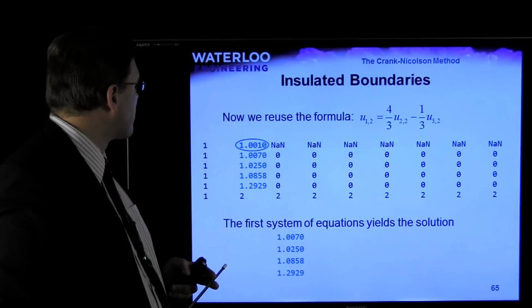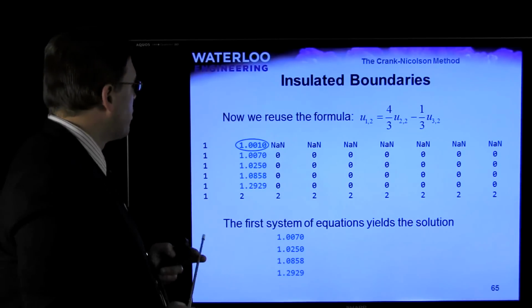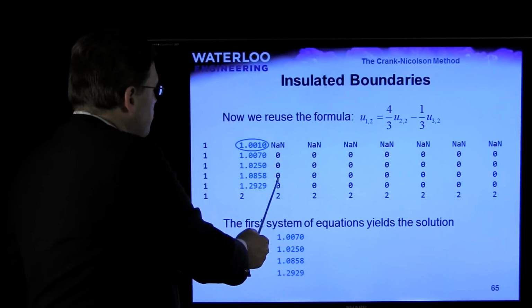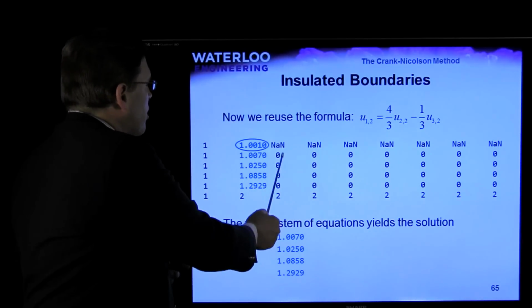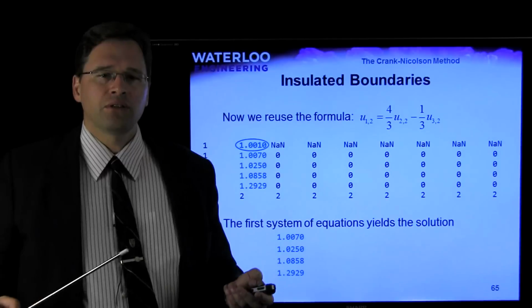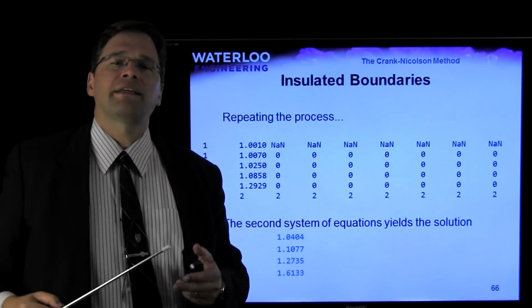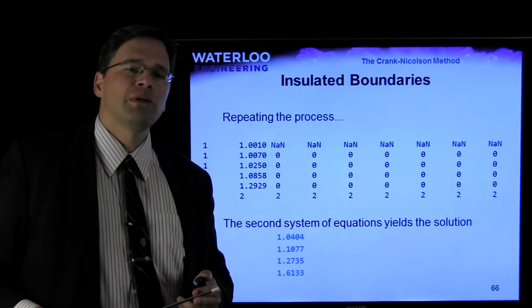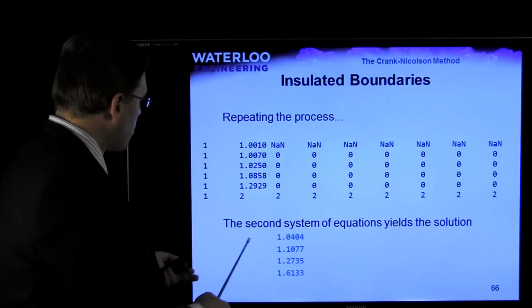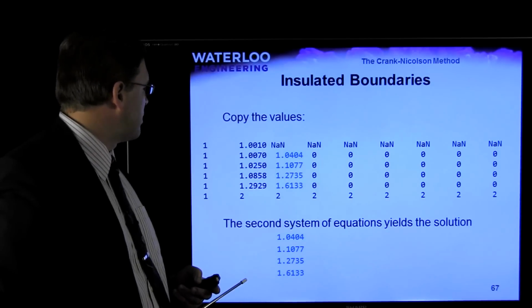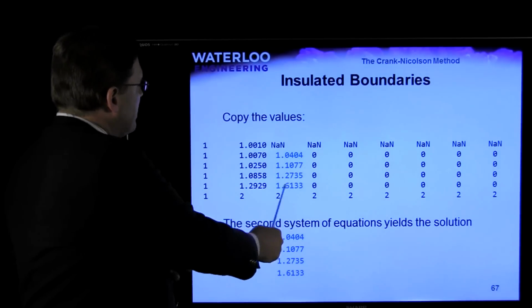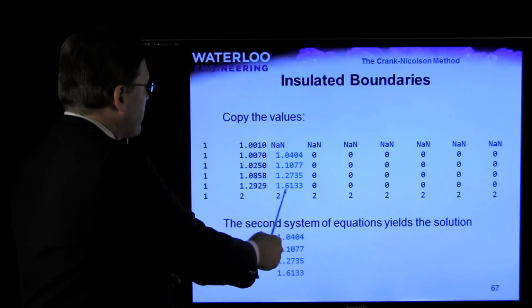So we've calculated that, and now we go on to the next step. We have to calculate the next 4 values. All these values are known, these values are unknown. So now again, we create a system of 4 equations and 4 unknowns. We solve that system of equations, we get a new set of values. We can substitute those back into the matrix. Again, we notice that it's heating up quite quickly at the right-hand side.